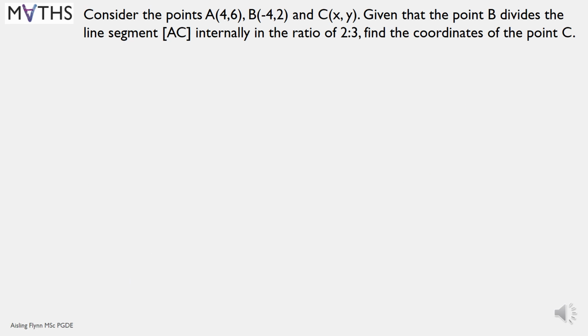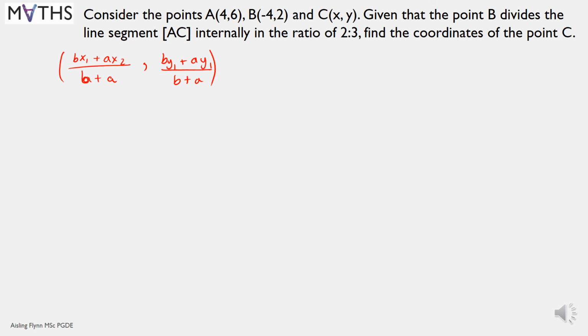Alright, so the exact same question, but this time we're using the formula. The first thing we'll do is write down the formula. It's bx1 plus ax2 over b plus a, comma, by1 plus ay2 over b plus a.